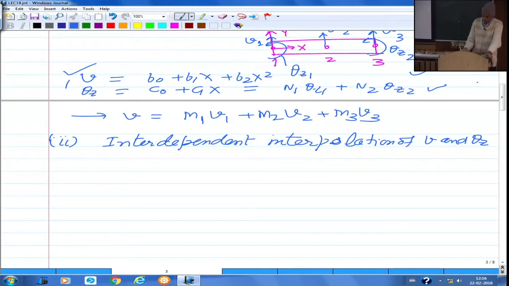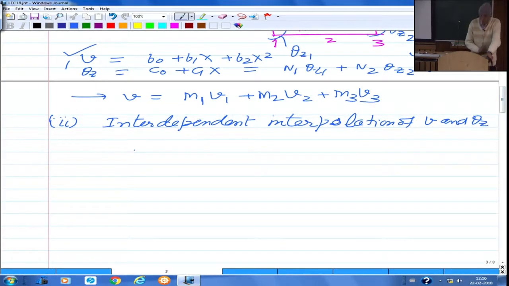Interdependent means we have two variables V and theta z, and their interpolation shares some common constants, and that is why they are dependent on each other, and that is why the term interdependent interpolation of V and theta z. But then let us look at how we get to that.